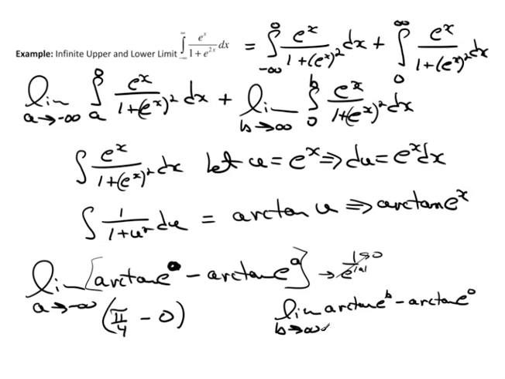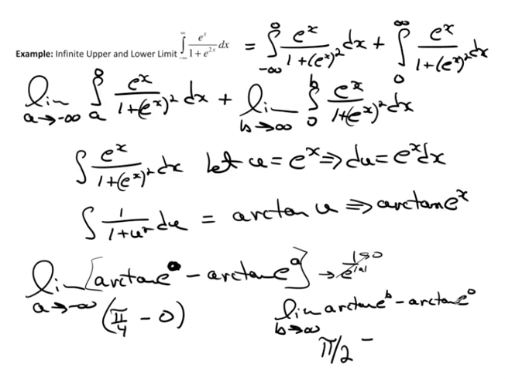Well, as b goes to infinity, e to the b goes to infinity, and when is arctan equal to positive infinity? On the closed interval negative pi over 2 to pi over 2, that happens at pi over 2. So this is going to be pi over 2 minus arctan of e to the 0, which is 1.